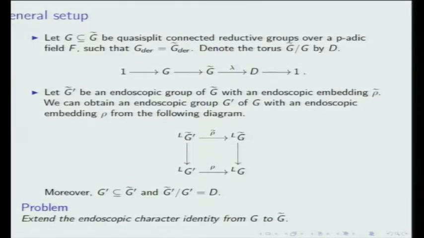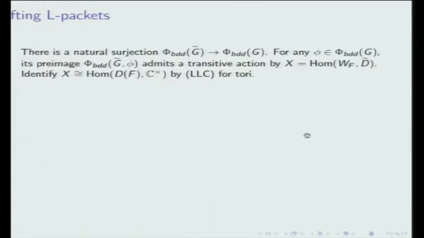Since the character identity is expressed in terms of packets, the first step is you need to build up certain candidates for the packets of G tilde and G tilde prime. And to motivate the idea, we go back to the local Langlands correspondence.